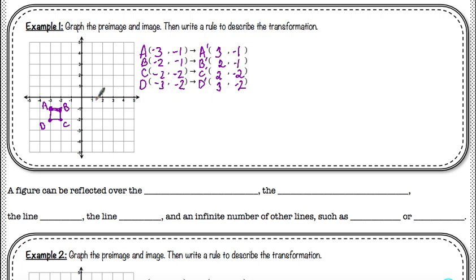Okay, so let's graph those. 3, -1 is A prime. 2, -1 is B prime. 2, -2 is C prime. 3, -2 is D prime.